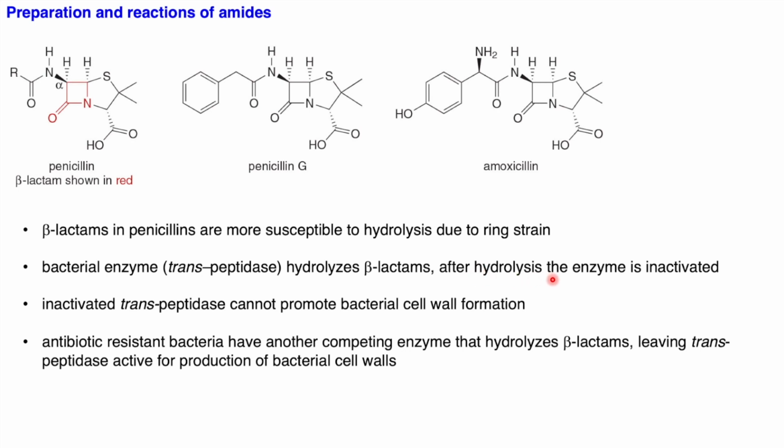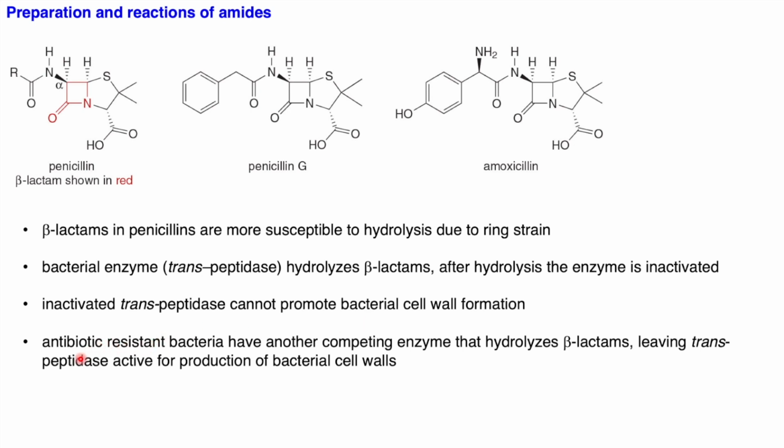After it facilitates that hydrolysis, the enzyme becomes inactivated, and it turns out that inactivated transpeptidases can no longer promote bacterial cell wall formation. So that's how penicillins act as antibiotics: they prevent future formation of bacterial cell walls.